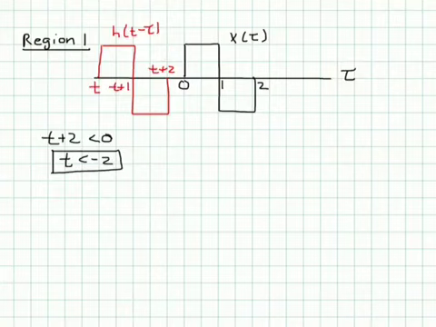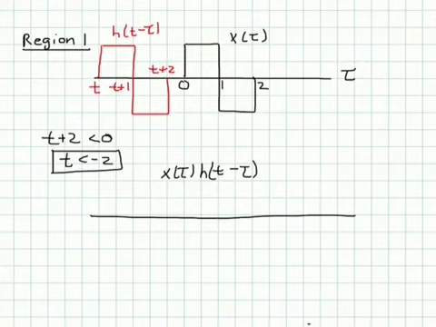And in this case, I can do the sketch again. Remember, I'm trying to multiply these two signals, x of tau times h of t minus tau. If I do that multiplication and sketch the result here, I just get 0, because everywhere h is non-zero, x is 0, and everywhere x is non-zero, h is 0.